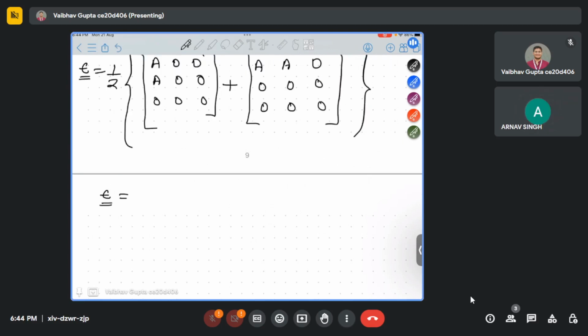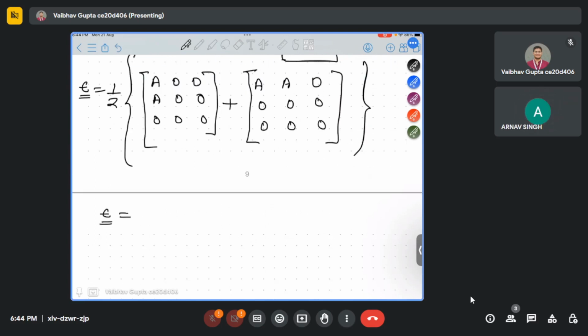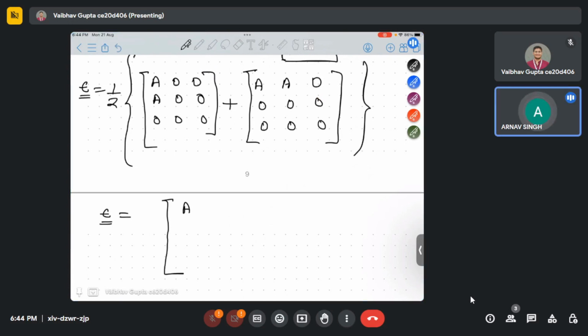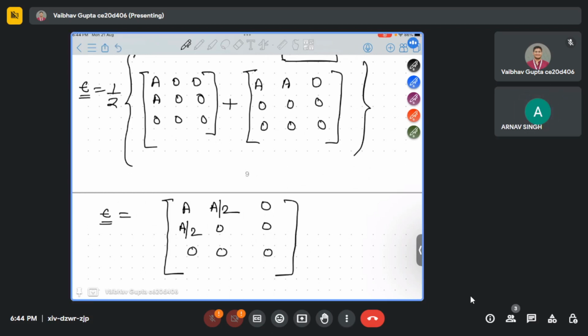So epsilon, if you do the addition, will become 2A by 2, and 2A divided by 2 is A only. Got it? Or any doubt? So this is strain.